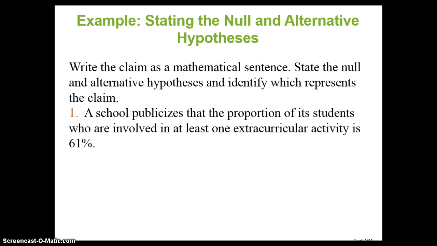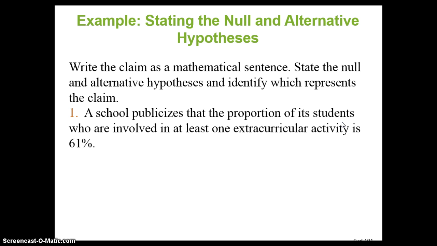So let's try and set up this claim. A school publicizes that the proportion of its students who are involved in at least one extracurricular activity is 61%. So the claim here is that the proportion of students in at least one extracurricular activity is 61%. The big thing here is that term "is": 61%, is means equals.